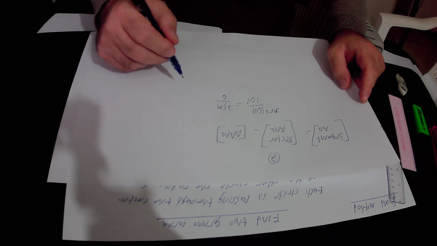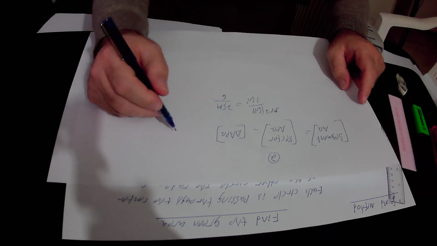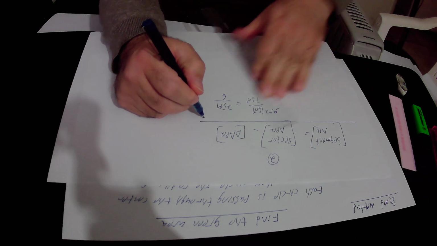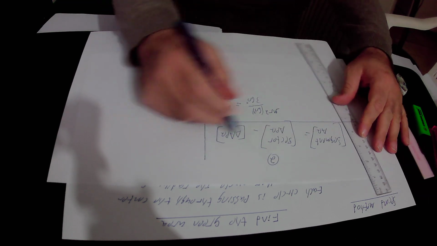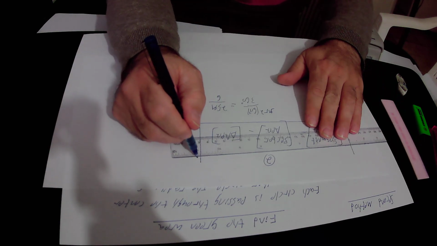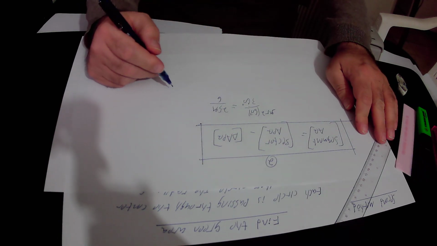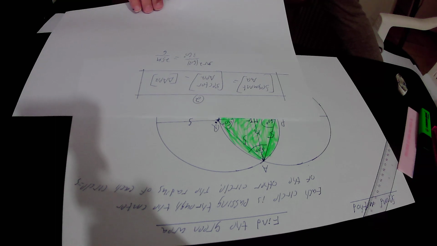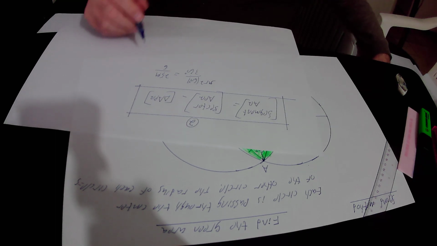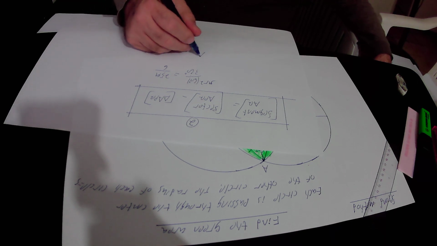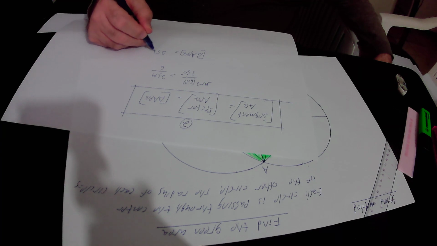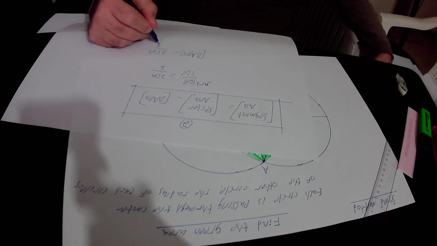And the area of triangle APQ, we have already found, is equal to 25 times square root of 3 over 4 square units.